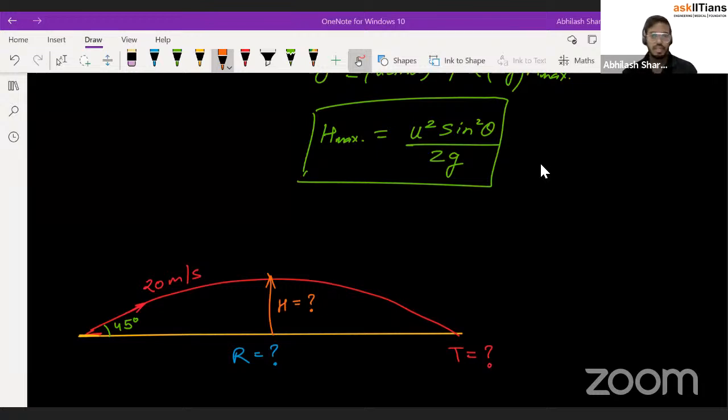Acha, wait, I just realized that actually Rohan is correct when it comes to maximum height. Yes, Rohan, your answer is right. Shreya, you made a mistake in Hmax. Please check. No, Niranjan, time is not correct.